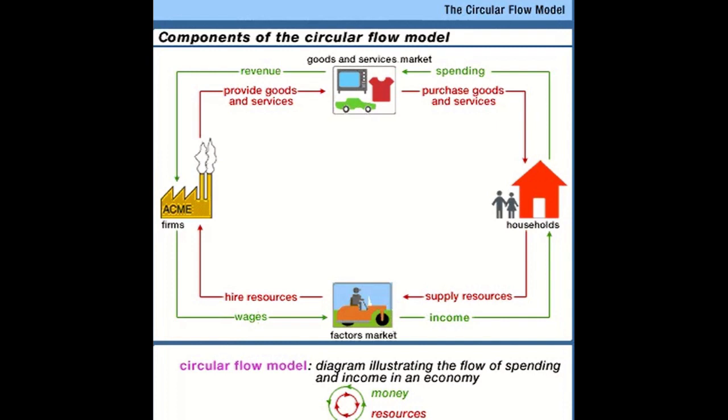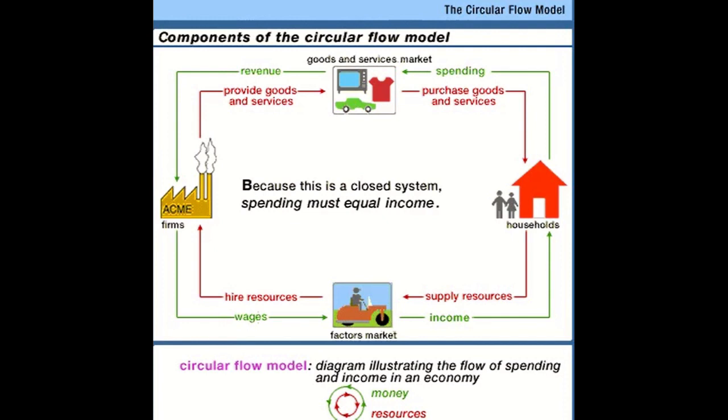Now, we can add other players to our story and see how that complicates the circular flow. The first candidate for being added to the model is the government. And the government interacts in this circular flow in several directions.